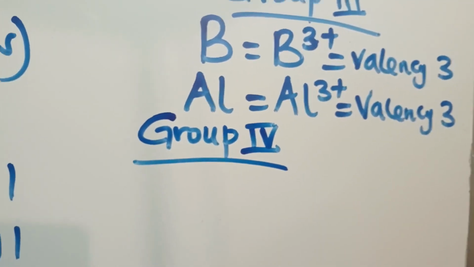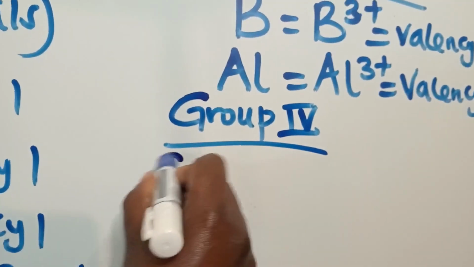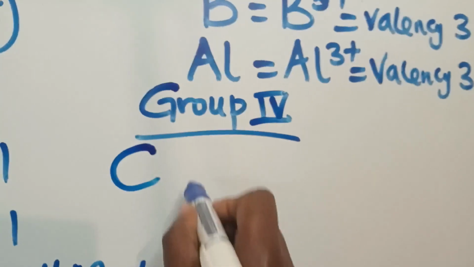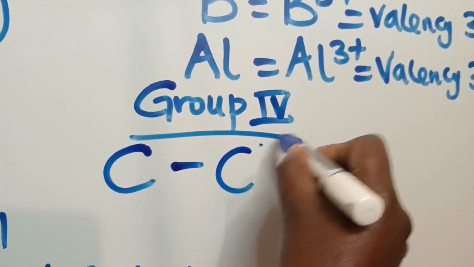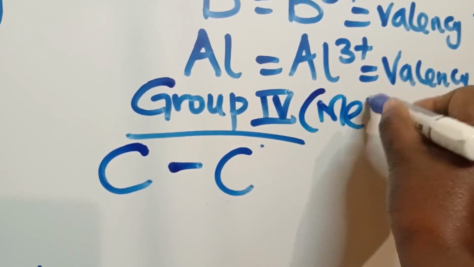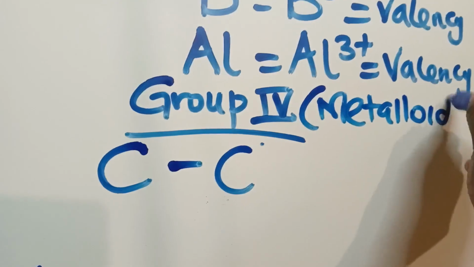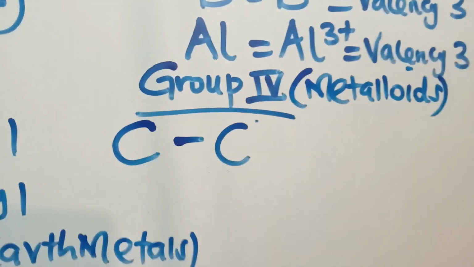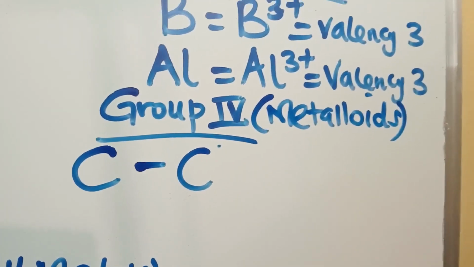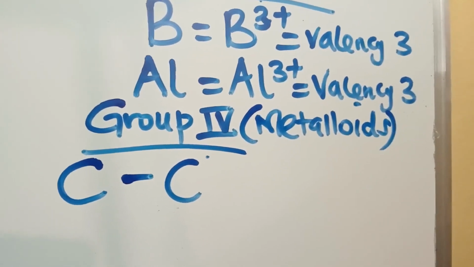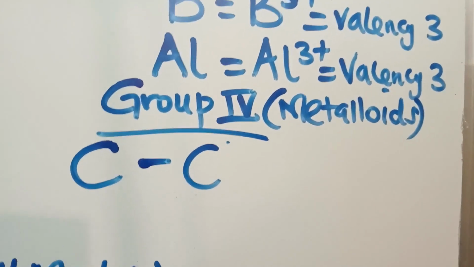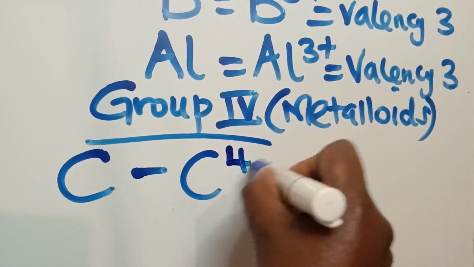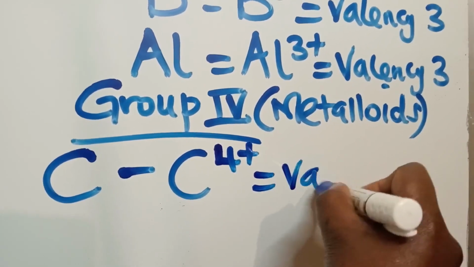Among the first 20 elements, we have carbon, forming carbon as an ion, and remember these ones are the metalloids. They can behave as nonmetals and they can also behave as metals. So when they behave like metals, they end up with 4 positive, so valency 4.